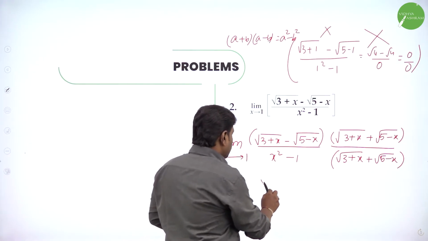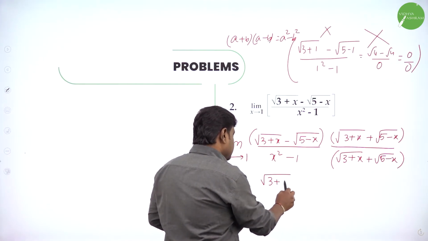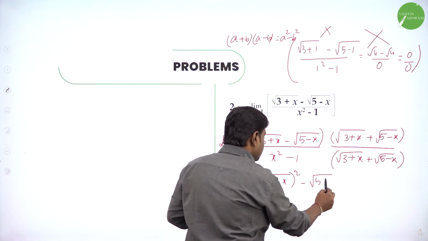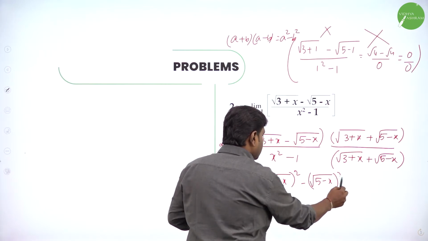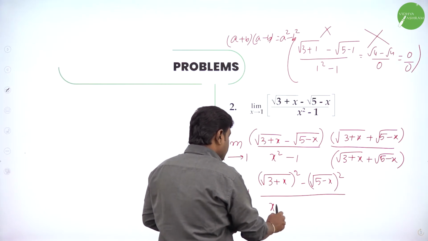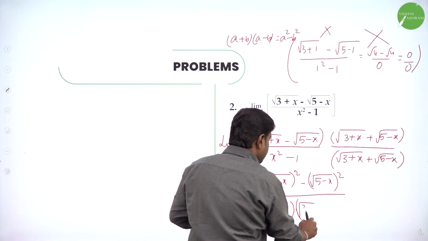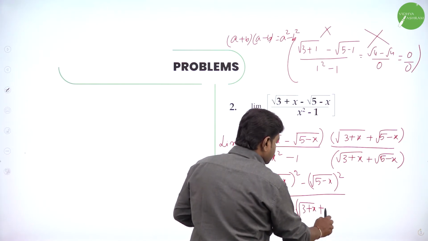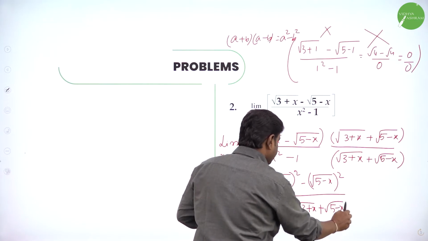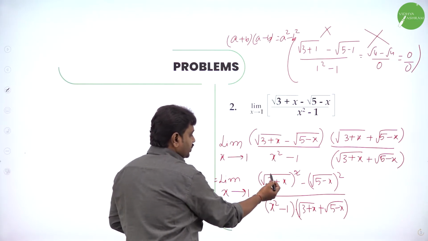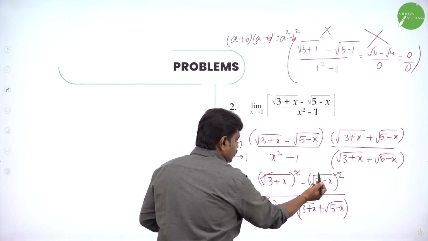So this will become root of 3 plus x the whole square minus root of 5 minus x the whole square, and denominator I have x square minus 1 into root of 3 plus x plus root of 5 minus x. Now in the numerator, square and square root cancels. Here also square and square root cancels.